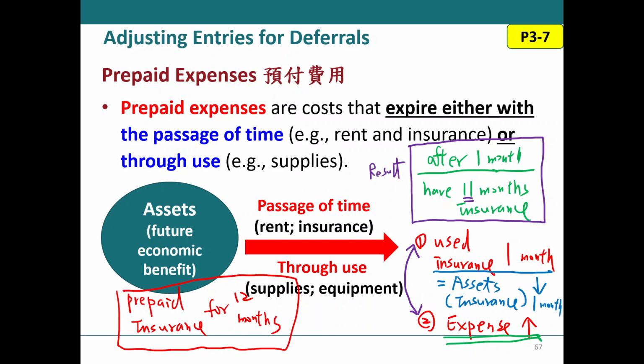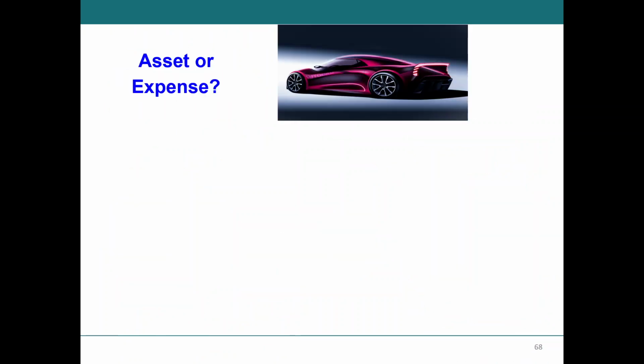Why is that? I'll use different cases to let you understand why. For example, today you spend the money to buy a car. Could you tell me if the car is your asset or your expense? It's your asset. Why is the car your asset? Because the car could help you in the future, right?